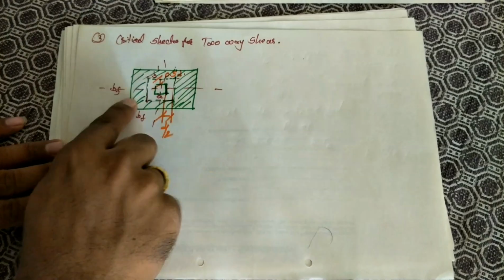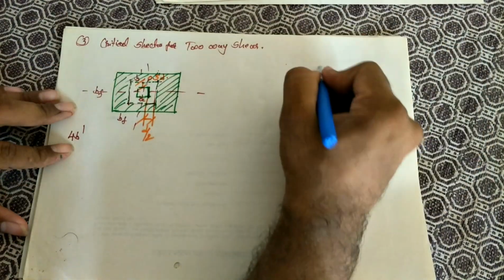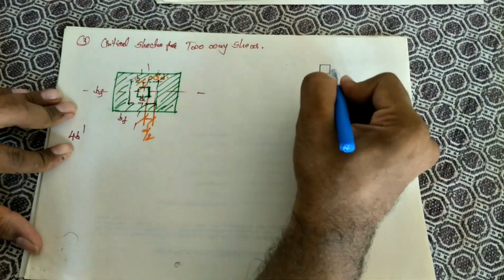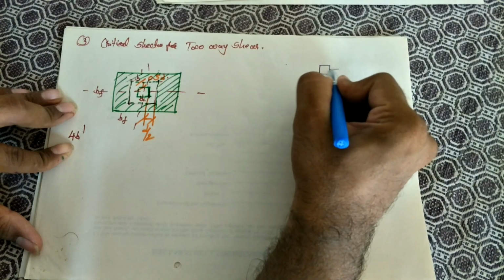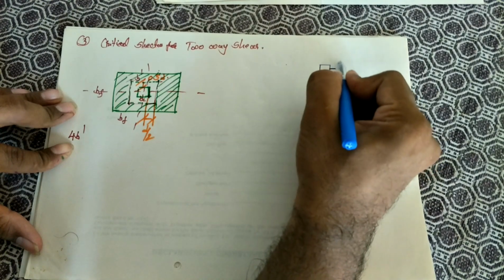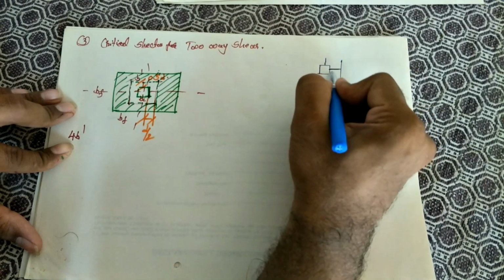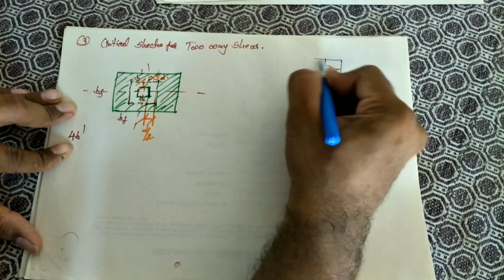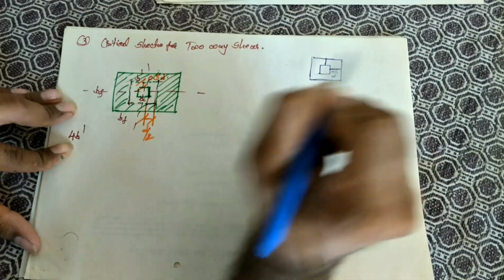I will draw a figure again. We have a column here, and the critical section we have to take is 0.5 d distance from the face of the column on both sides, where d is the depth of your footing, and opposite of that, on every four sides.